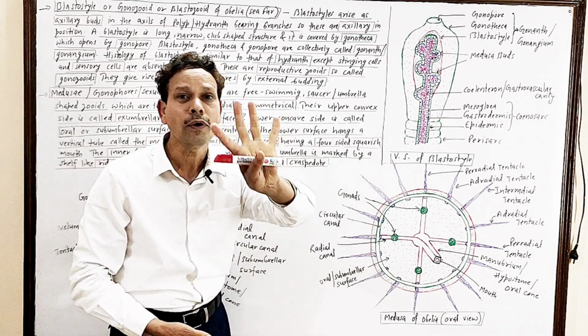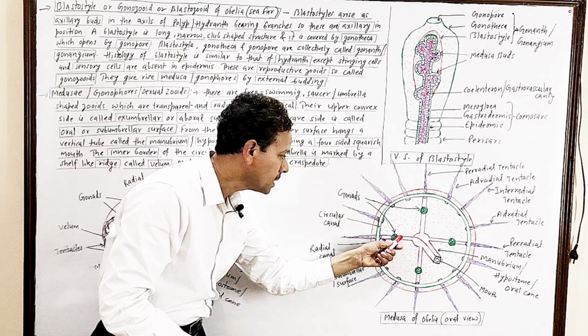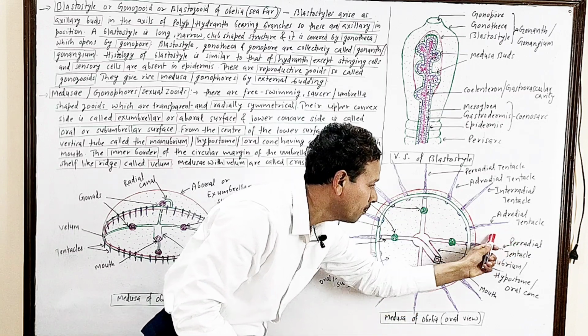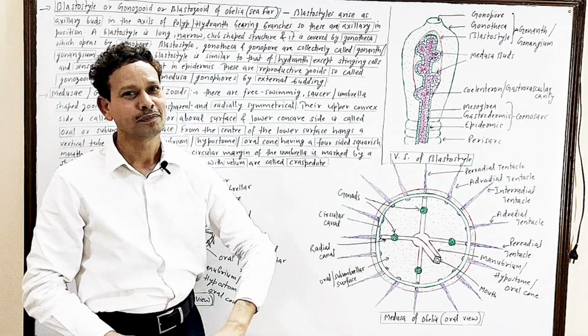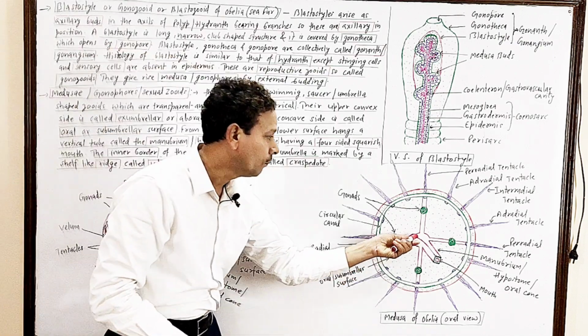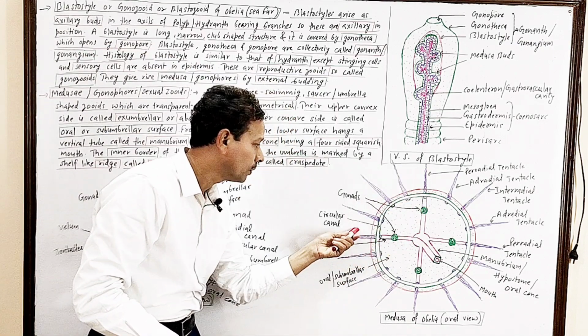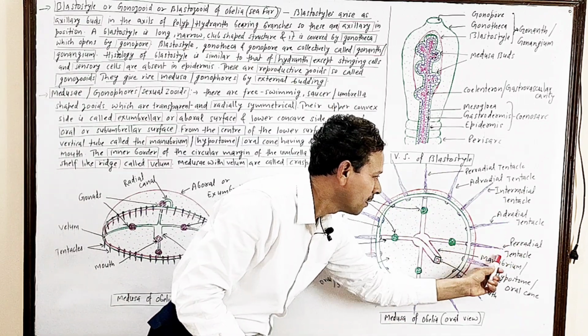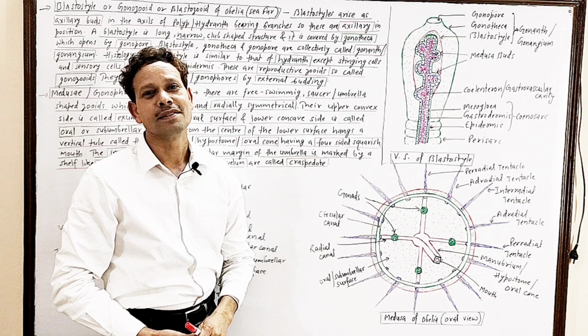The 4 tentacles in front of these radial canals are named per-radial tentacles. So 4 out of 16 tentacles, the 4 tentacles in front of these radial canals, are named per-radial tentacles.